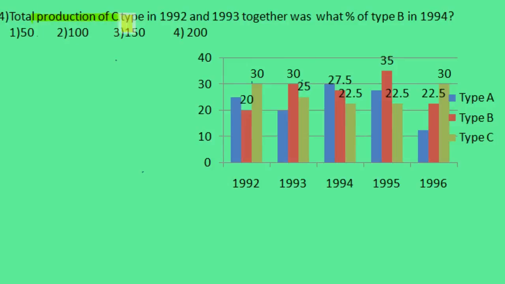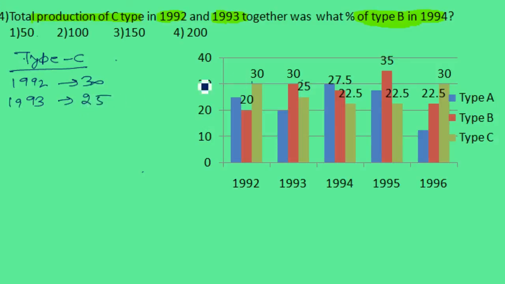Total production of C type in 1992 and 1993 together was what percent of type B in 1994? So let's see, for C type, in 1992 it is 30 lakhs, and in 1993 it is 25 lakhs.